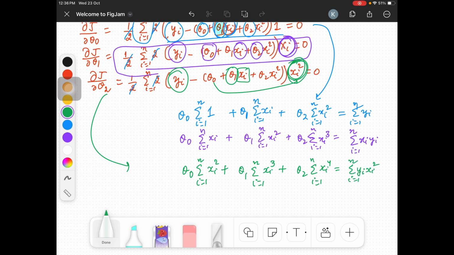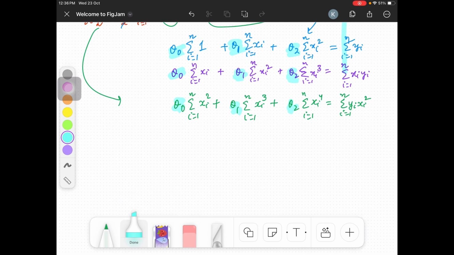So now you see you have a nice system of equations here. These are your unknown parameters, theta naught, theta 1 and theta 2, and everything else is known. So we have a plain simple system of equations which we can solve. Let me write it in matrix form, because that is our favorite form.